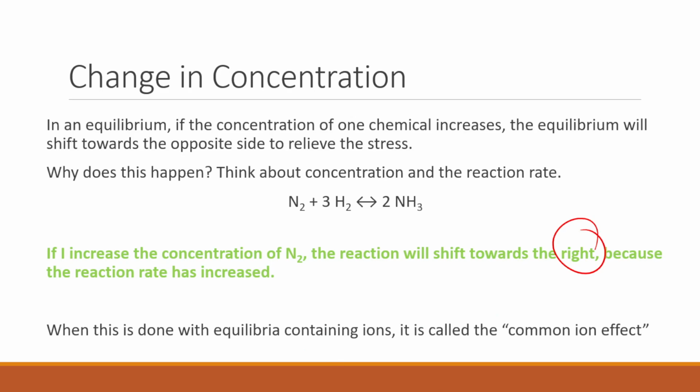The reaction rate of the forward reaction has increased because I added more N2. By adding more N2, these collisions are going to happen more often than these collisions. So we'll see something like this will happen once every 2 seconds, where this happens once every 3 seconds. So it happens faster, but eventually it will slow back down and these will re-establish an equilibrium.